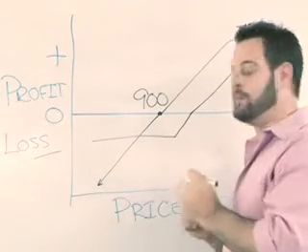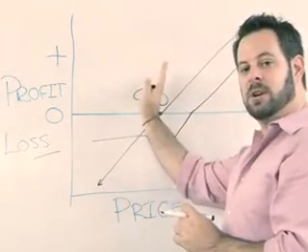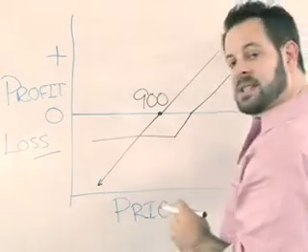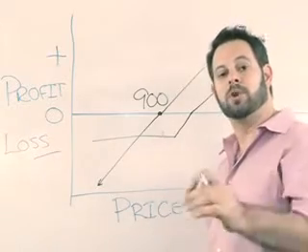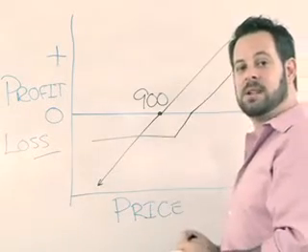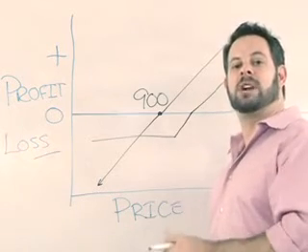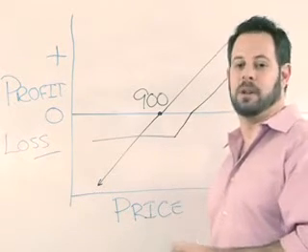Now, if we want to make this line go a little bit closer, which means that as the price of the stock moves up, we make rupee for rupee the amount of gains we would make in the stock price just by owning the stock, we can do something else. We could actually sell a put.